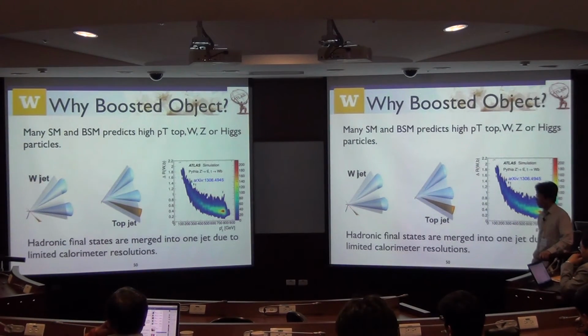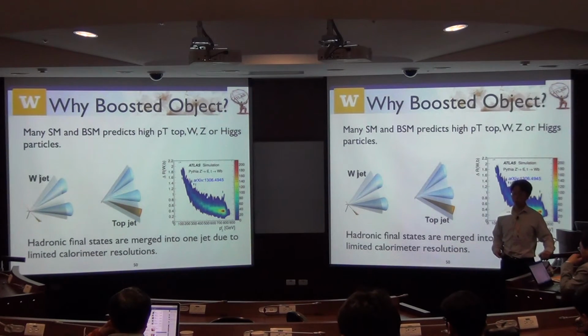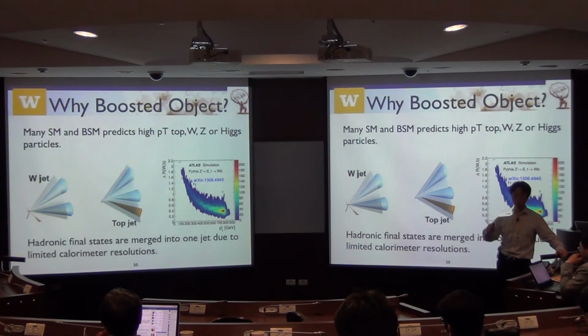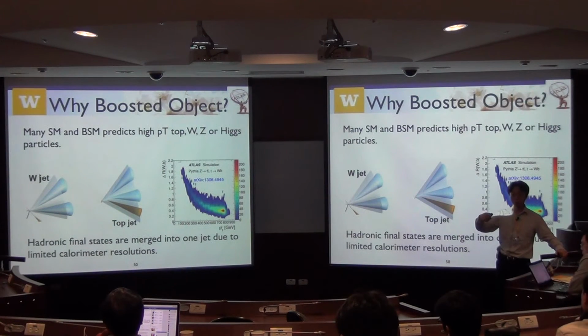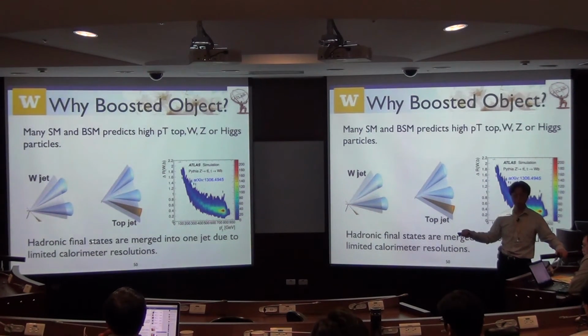As I mentioned earlier, the jet should not just come from a quark or gluon, which is a QCD process. If you have an electroweak object like a W, which decays to u d-bar, or a top quark decaying to a W boson plus a b jet, and the W also decays hadronically, you have three quarks in the final state.